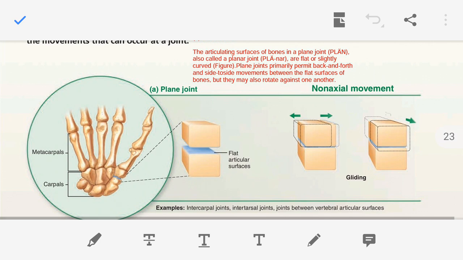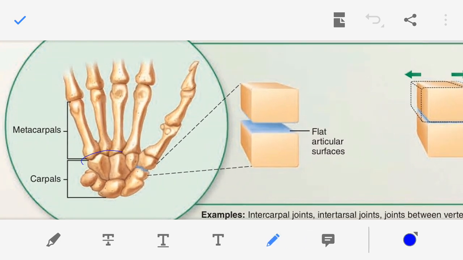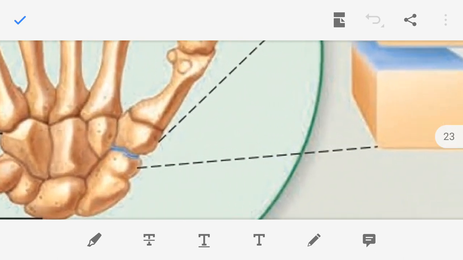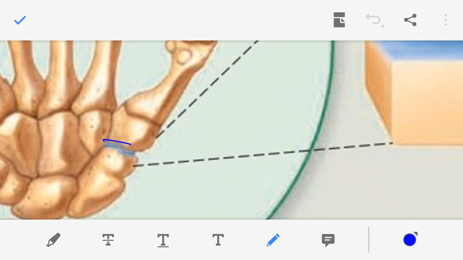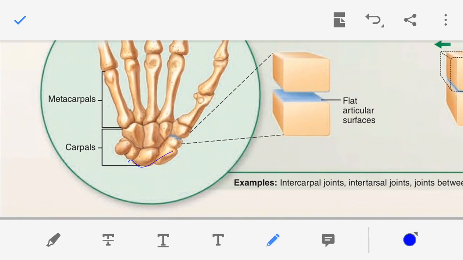For example, here these are the carpals of our wrist, and the joint between carpals is the intercarpal joint. This one is a carpal, shown over here, and this carpal is shown over here.